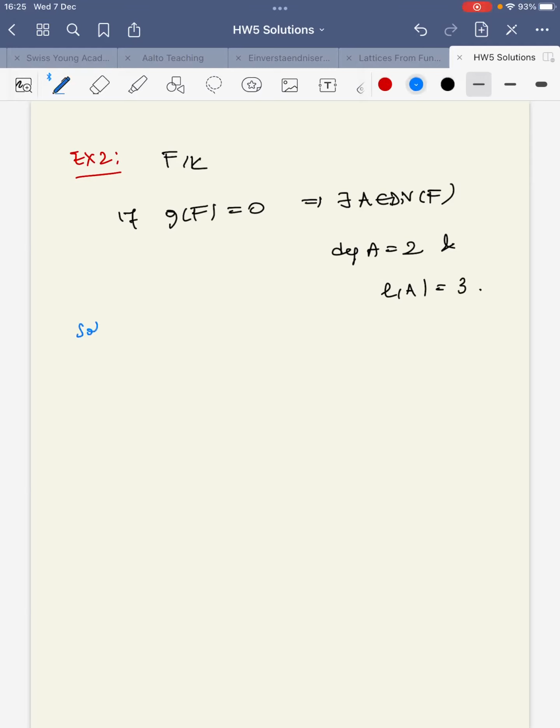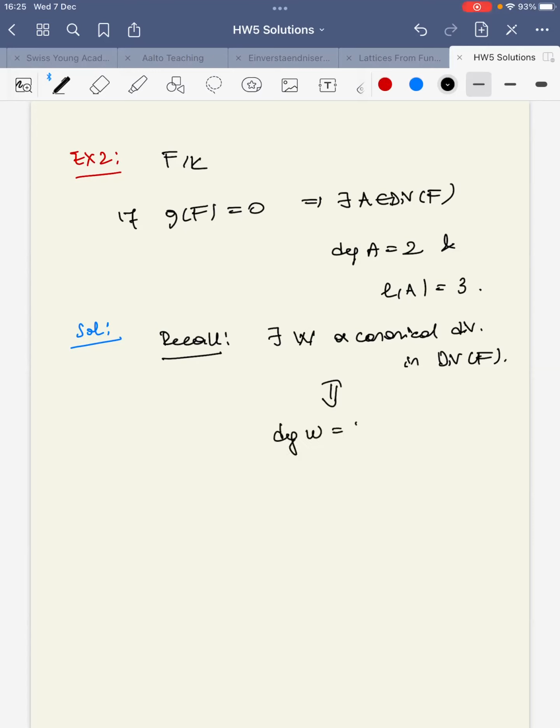For the solution of this question, let me recall that there always exists the canonical divisor inside of the function field F, and we have the full characterization of the canonical divisor in terms of its degree and the dimension of its Riemann-Roch space in terms of the genus of the function field.